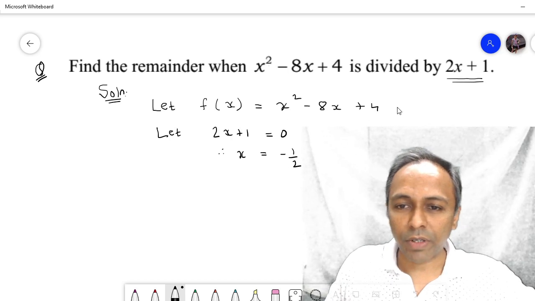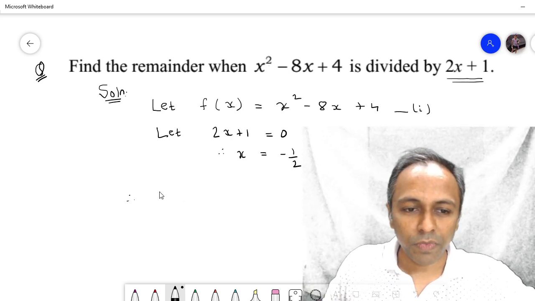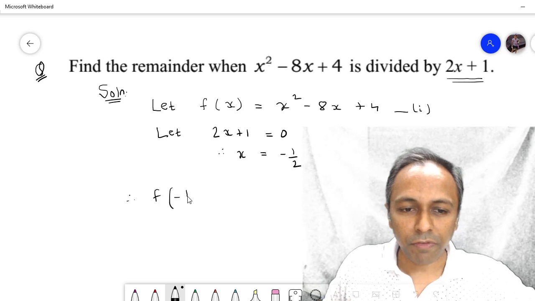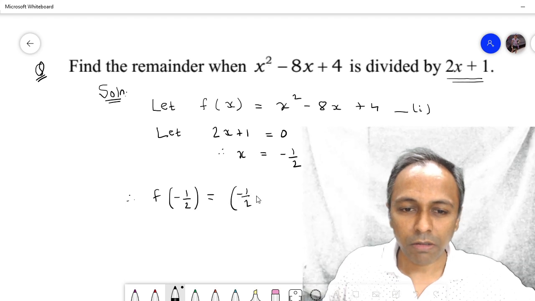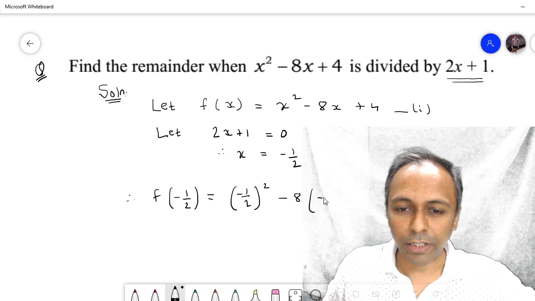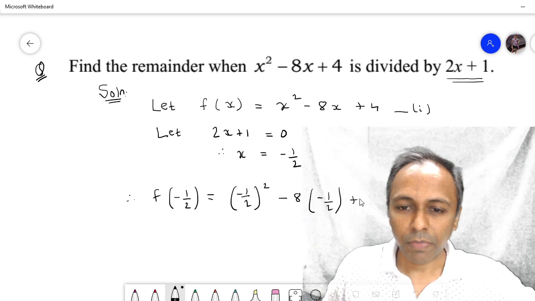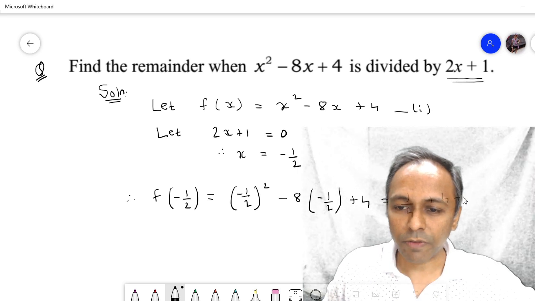Substitute minus half in your equation number 1. Therefore, f of minus half becomes equal to minus half whole square minus 8 into minus half plus 4.